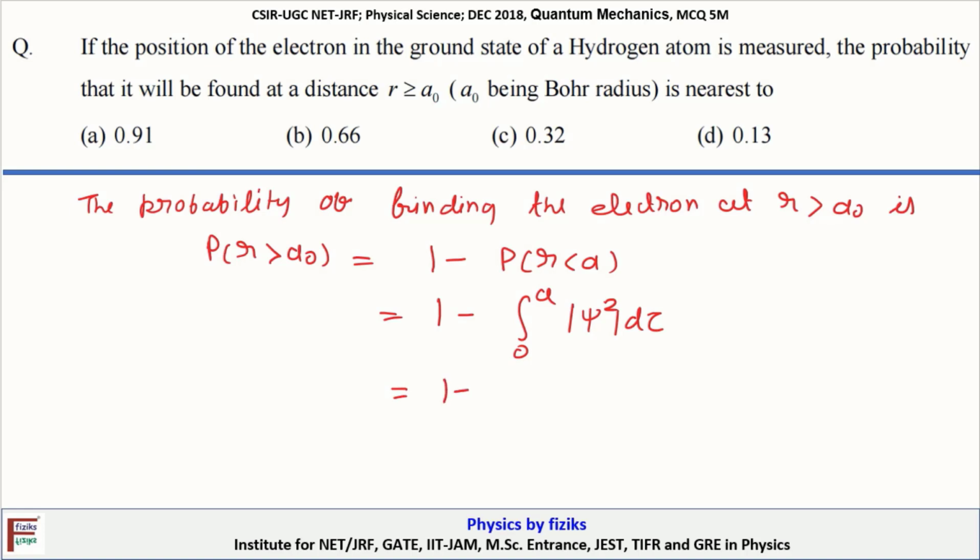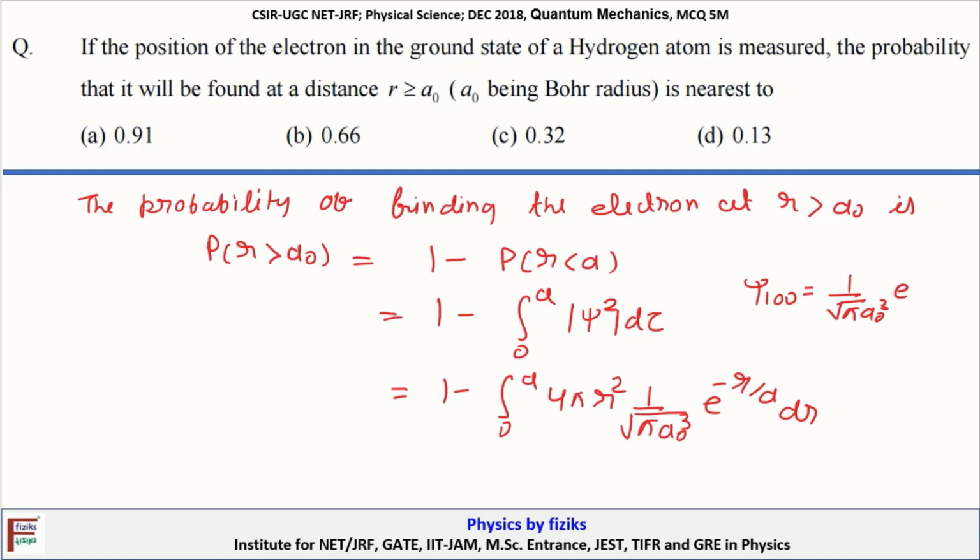This can be written as 1 minus the integral from 0 to a of 4 pi r squared times psi 100 squared dr. Psi 100 for the ground state is 1 over root of pi a naught cube, times e to the power minus r by a0.